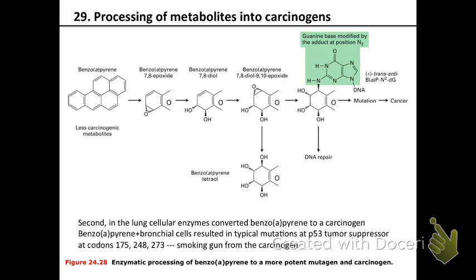And if you don't have that tumor suppressor gene functioning normally, then you start developing cancers. Because this is due to inhaling and conversion of that benzopyrene to a more mutagenic compound by the lung cells using their own regular enzymes, you see a lot more incidence of lung cancer in people that smoke, right? Any questions about this?